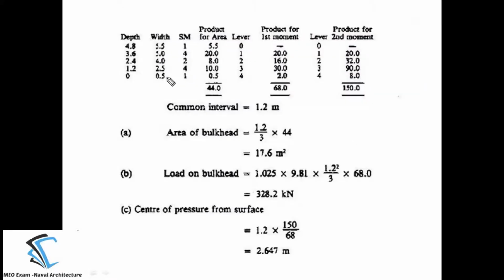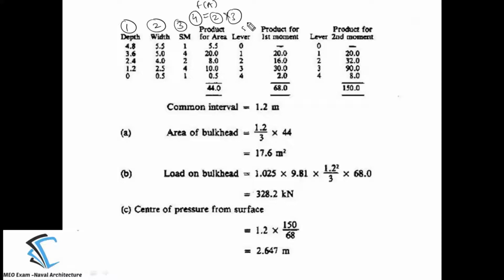To solve this numerical, we need to create a table. So the first column is the depth. The second column is the width. The third column is Simpson's multiplier. Column number 4 is the product for the area. Generally we used to call it the function of area, that is equal to column number 2 multiplied by column number 3.